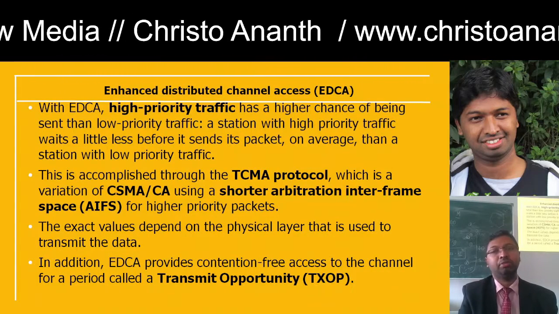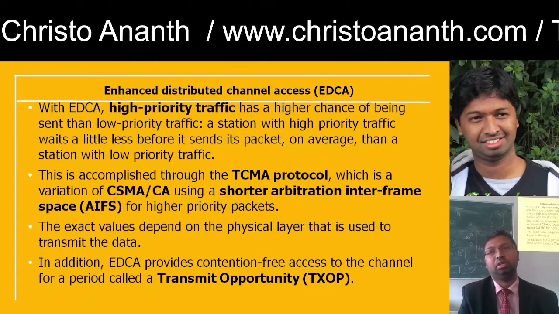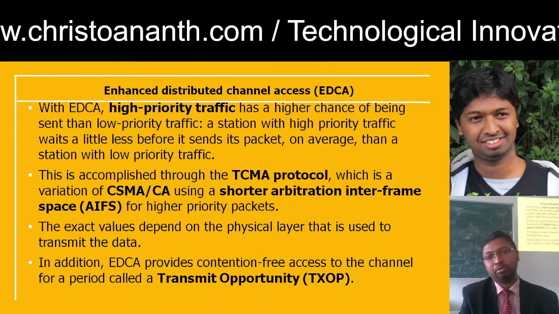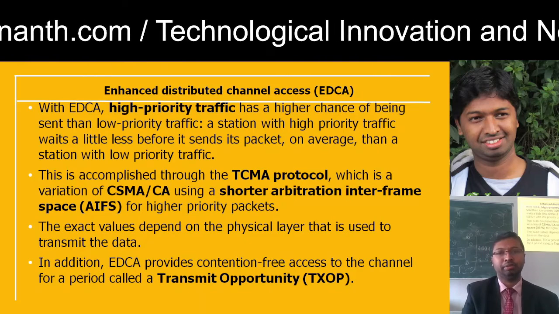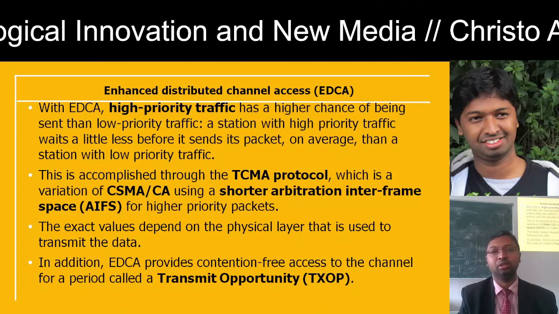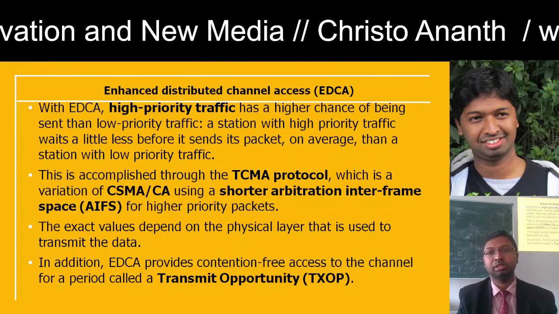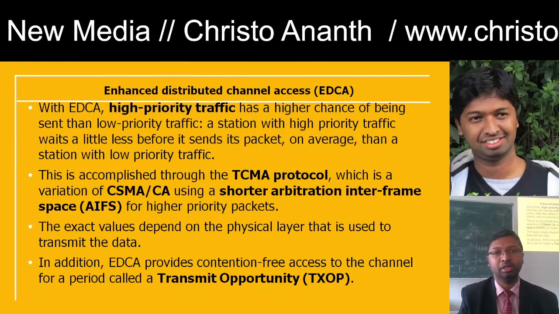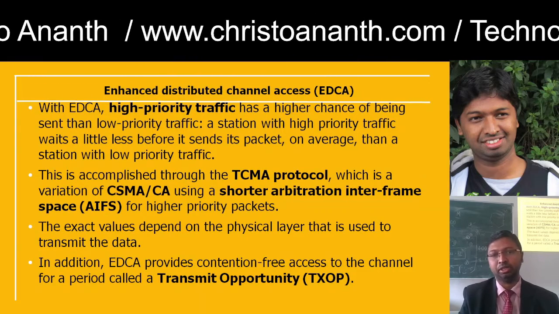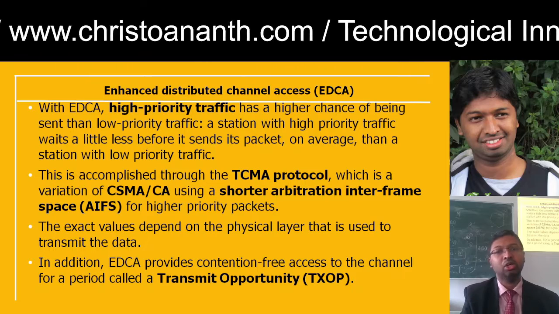So this is also a functionality of 802.11e. For example, if you have high priority traffic, it definitely has a higher chance of being sent than the lower priority traffic. Which means that a station with higher priority traffic waits much less time before it sends a packet, on average, than the low priority traffic.